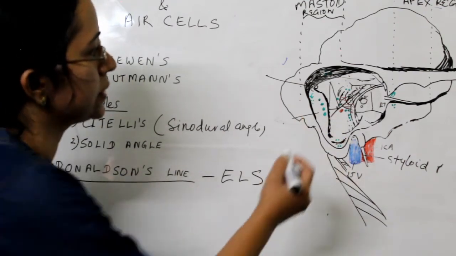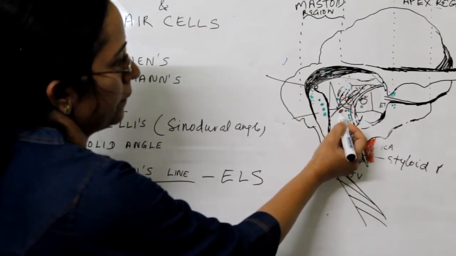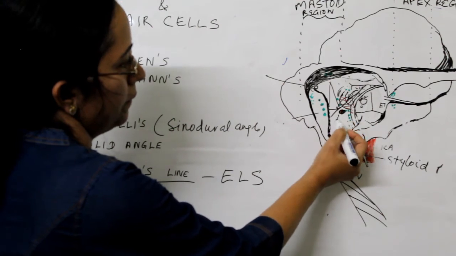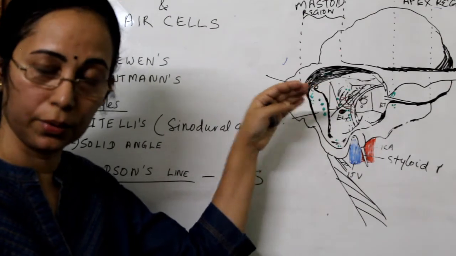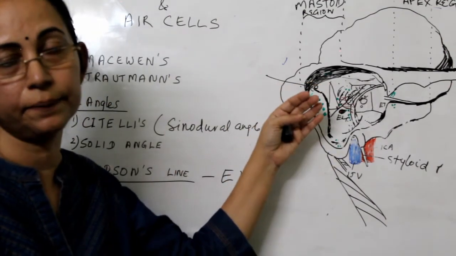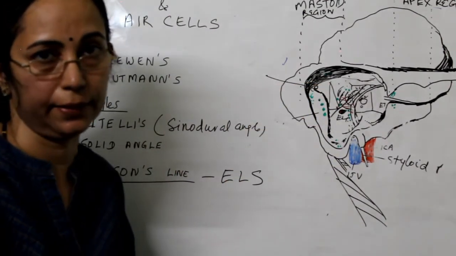And this is the endolymphatic sac, this part. So this endolymphatic sac will be lying, in almost all cases, inferior to Donaldson's line.